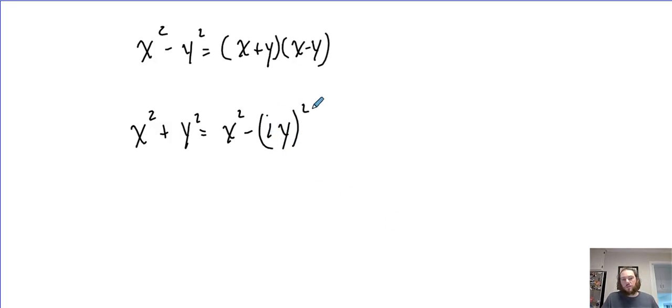Knowing that when I square i I get -1, and then the negative of -1 is +1. So now what this does is it takes a sum of squares and turns it into a difference of squares. So I can still factor this thing as x plus iy and x minus iy. So now I have the ability to factor something that would not have been factorable before, by thinking about it in terms of complex numbers.